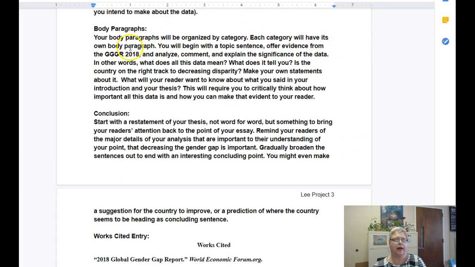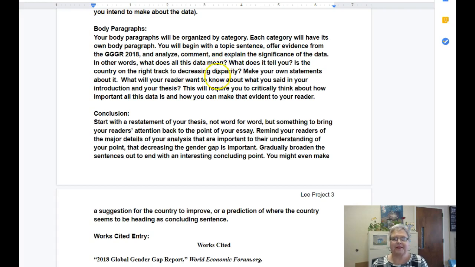Each category will have its own body paragraph, topic sentence, offer evidence from the report, and analyze, comment, and explain the significance of the data. In other words, what does all this data mean? What does it tell you? Is the country on the right track to decreasing disparity, or in decreasing inequality, or moving closer to parity?